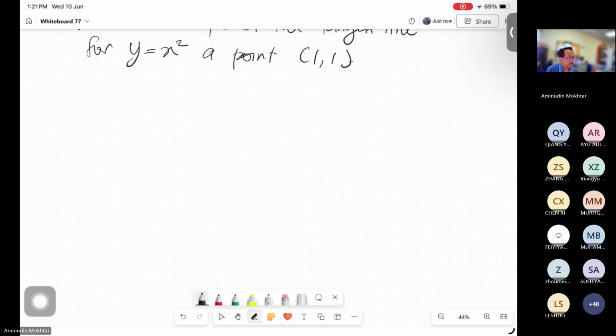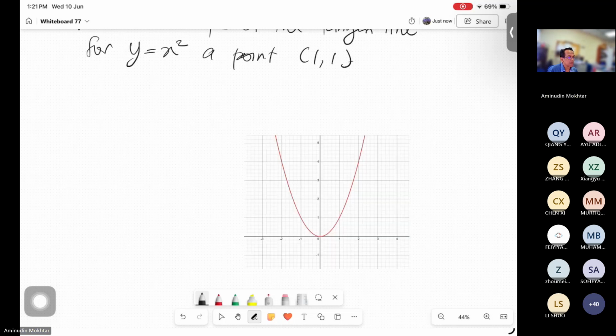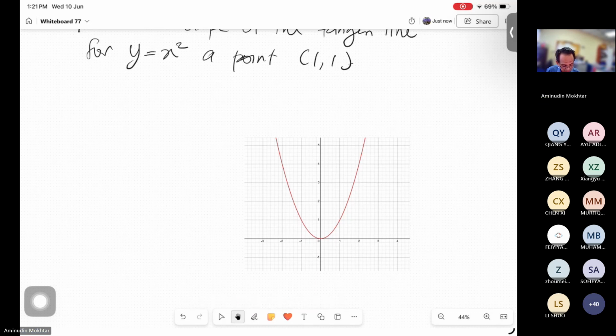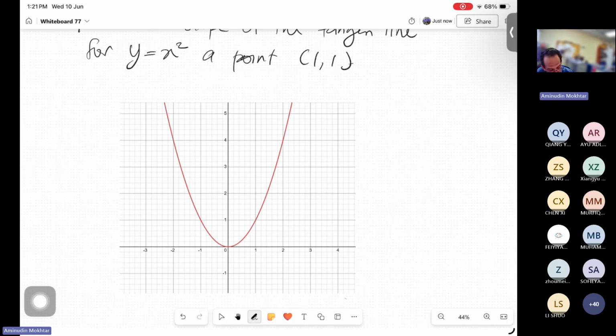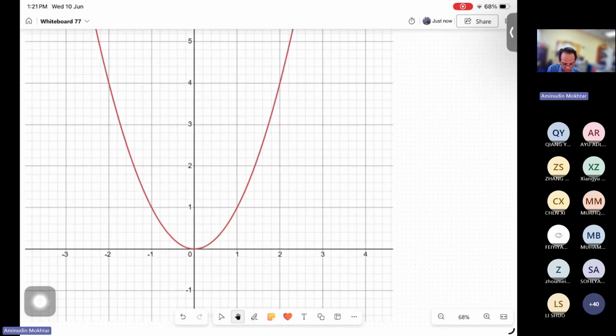I hope you can see it. This graph is y equal to x squared.